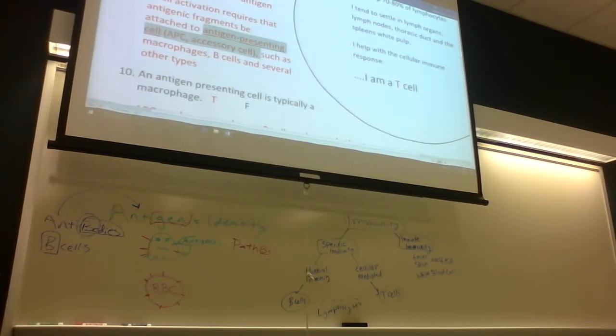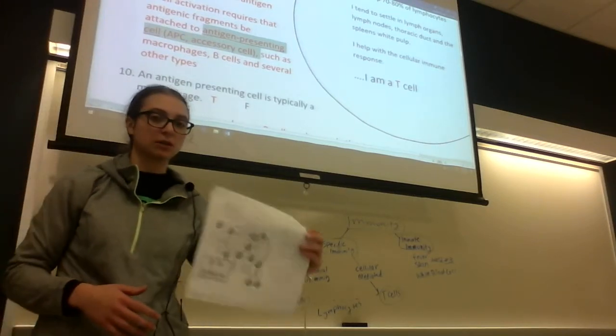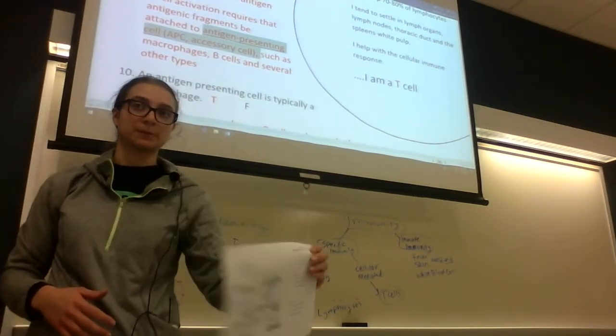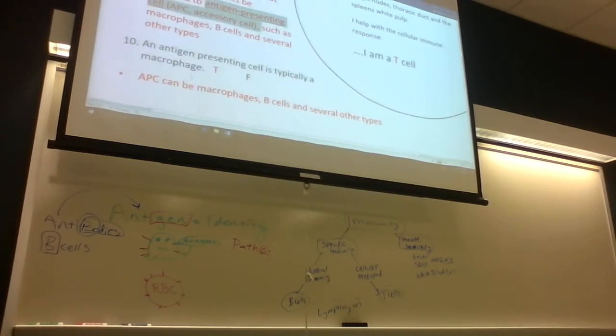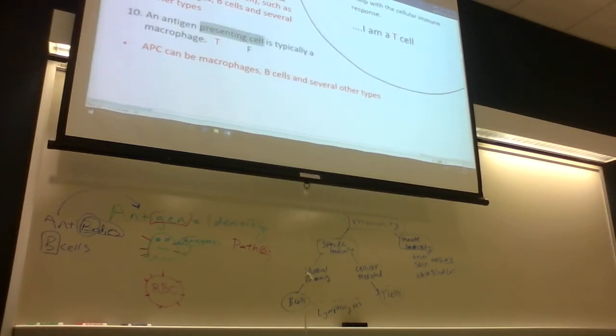We're going to go through the process when we get to worksheet number 8. For now, just know that T cells need antigen presenting cells to work. An antigen presenting cell is typically a macrophage. This is true. They can be B cells also and another type of cells, but typically they are macrophages.